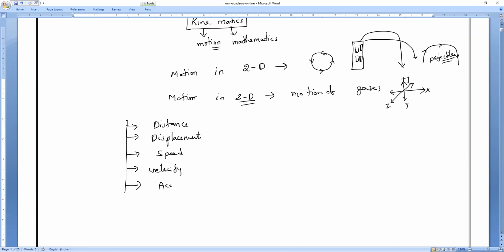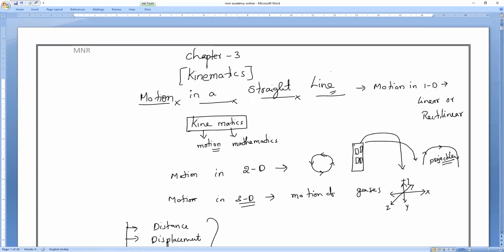And what is the acceleration of the body? And one more thing which you might be hearing for the first time, that is jerk. These are the things we are going to cover in this entire chapter, motion in one dimension, or motion in a straight line. Clear, everybody? Understood or not? Please respond.